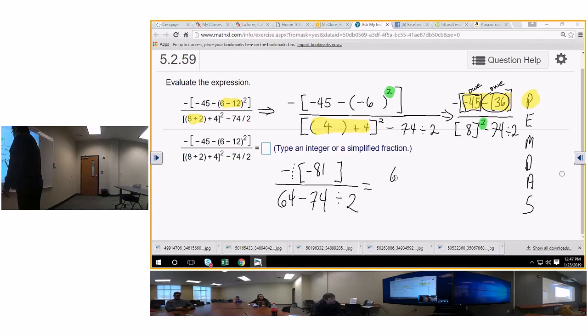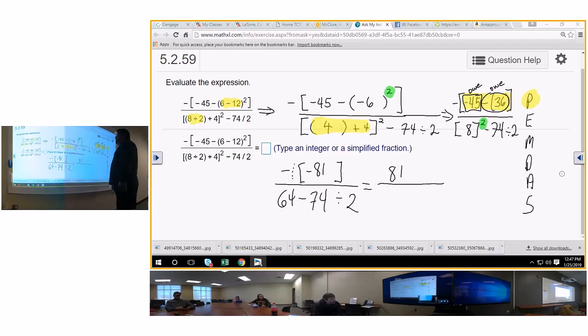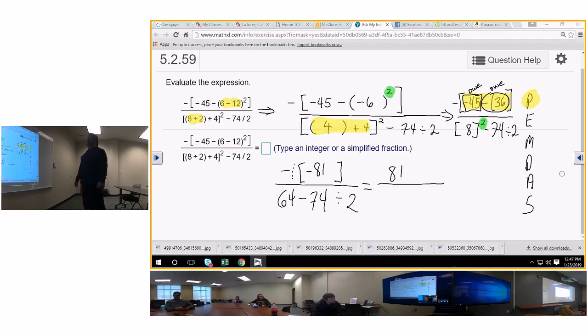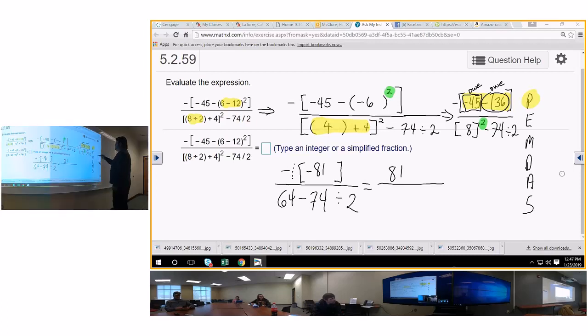Now all you've got to do is remember: please excuse my dear Aunt Sally. What do you do first? What comes first, division or subtraction? Division.